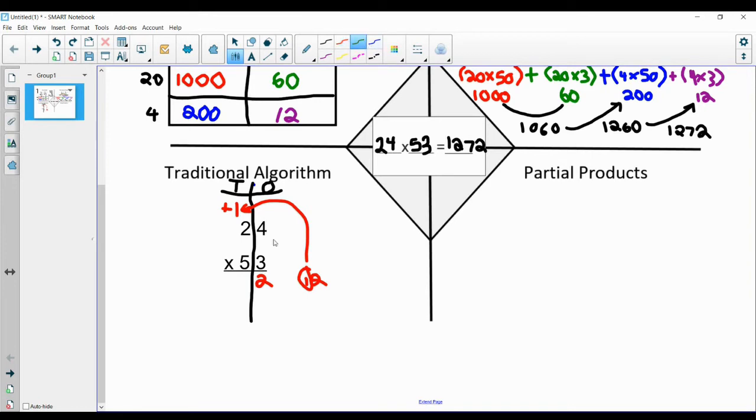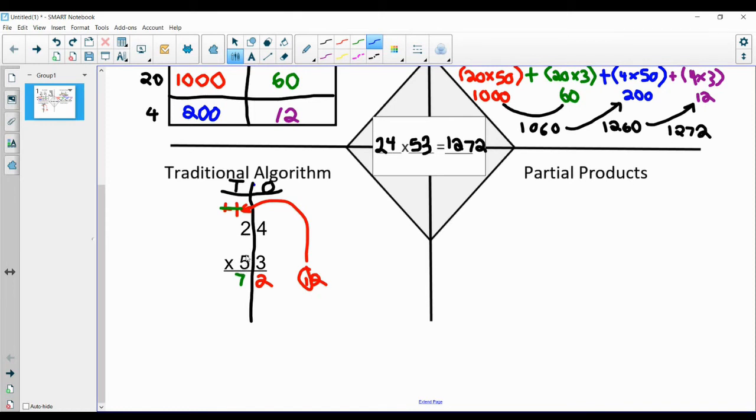Next, I'm going to do my 1s times my 10s. So 3 times 2 is equal to 6 plus 1 is equal to 7. My next step is to take a look at my 10s times my 1s and then my 10s times my 10s. 5 is not 5.